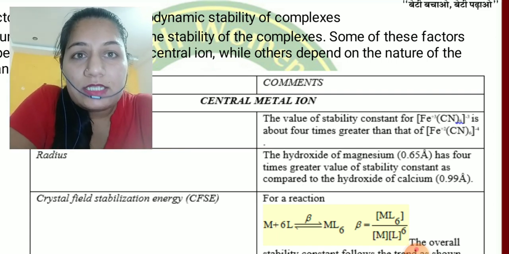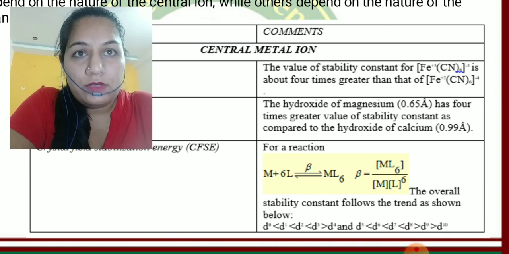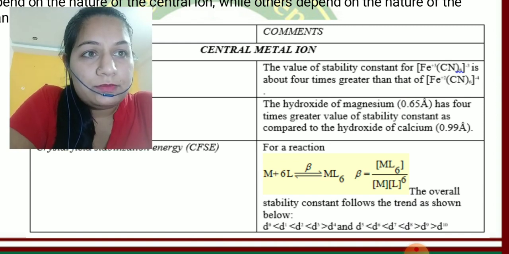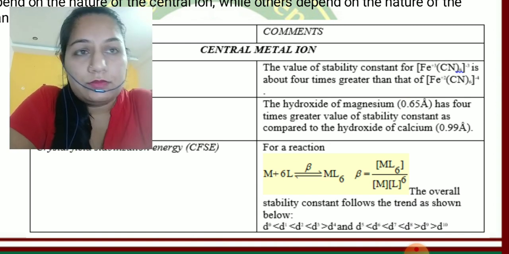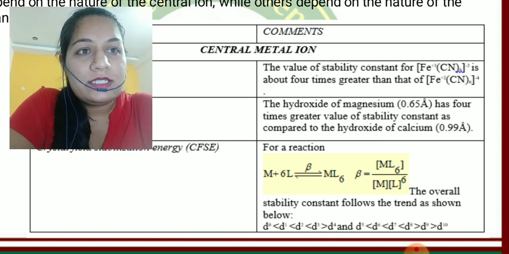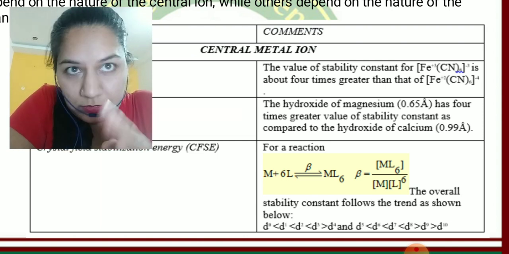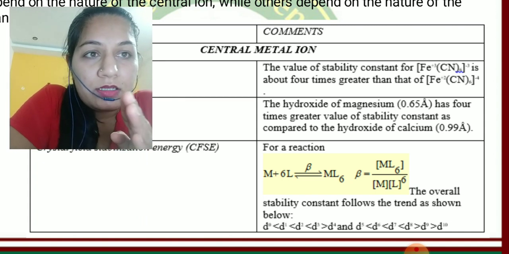Next is the crystal field stabilization energy, like CFSE. What is CFSE? If you calculate the CFSE for the d orbitals, you can see the stability increases from d0 to d3.